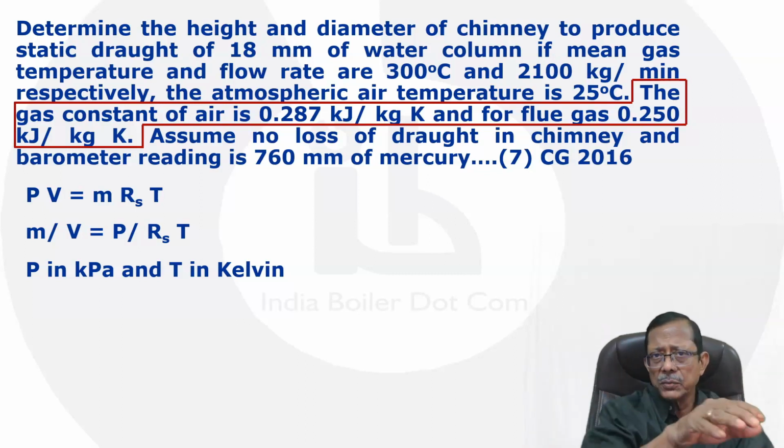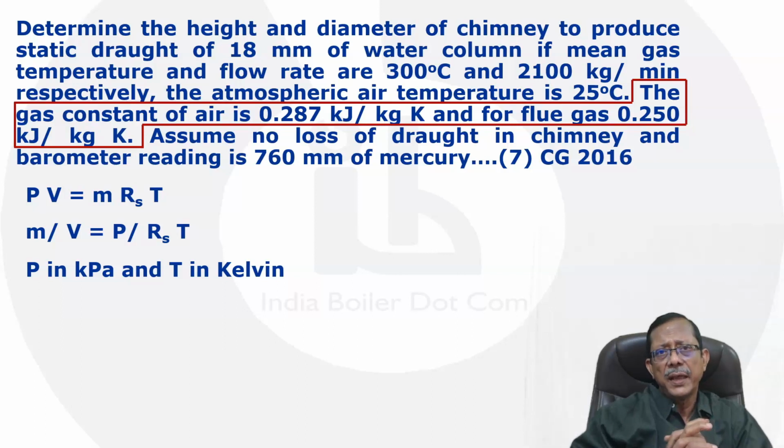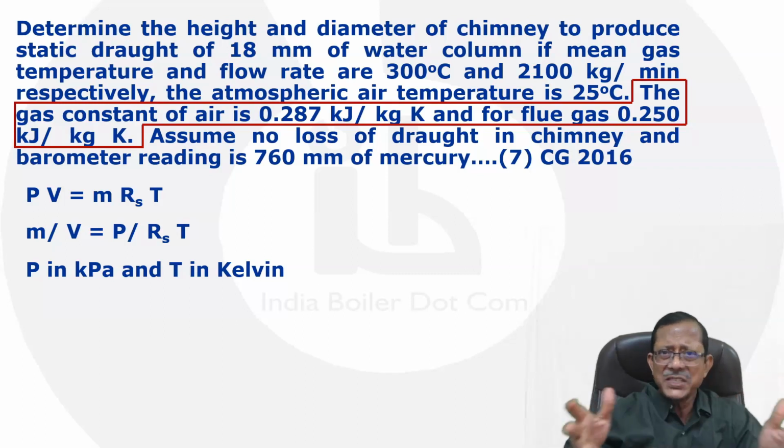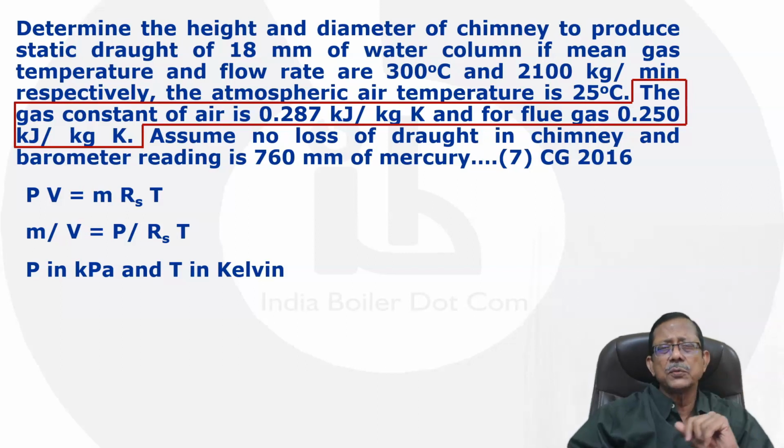Then only you can use it in M by V is equal to P by RST to find out the density of the gas and air, which you need to answer this question in kg per meter cube, right? So that is something I just wanted you to focus on.